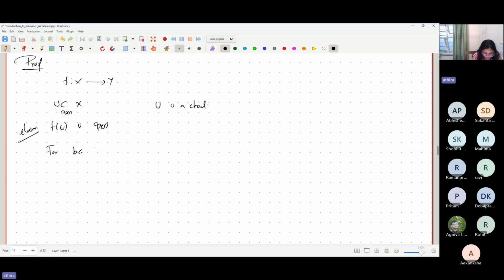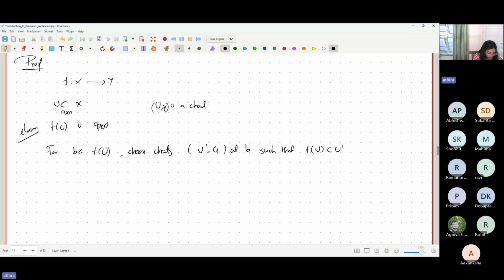For p belonging to f of U, choose charts (U prime, psi) at p such that f of U is contained in U prime. Here U prime is a chart.